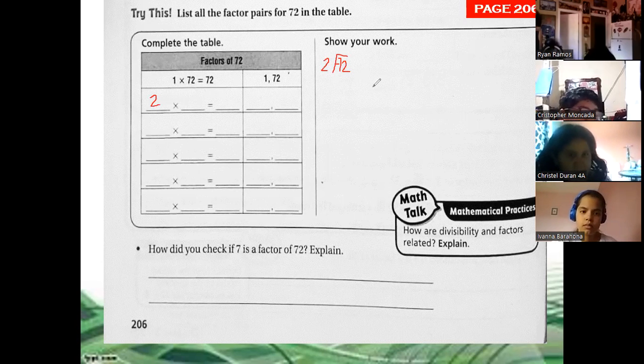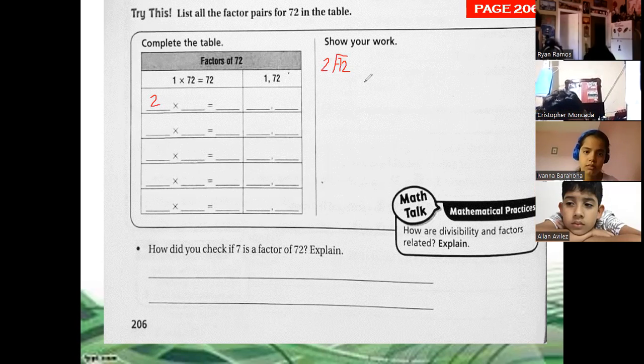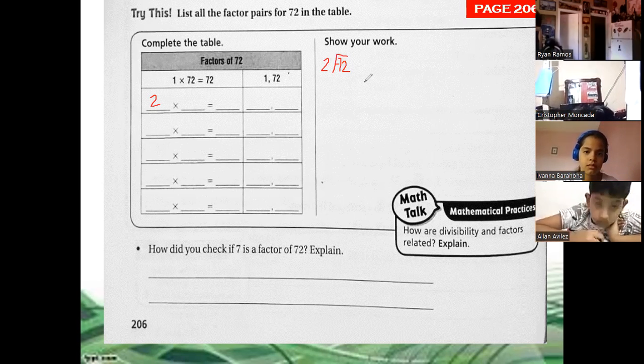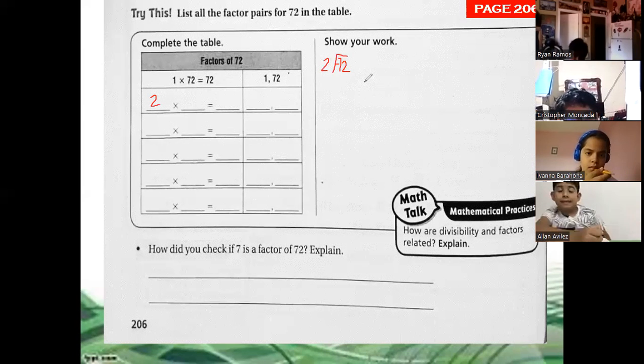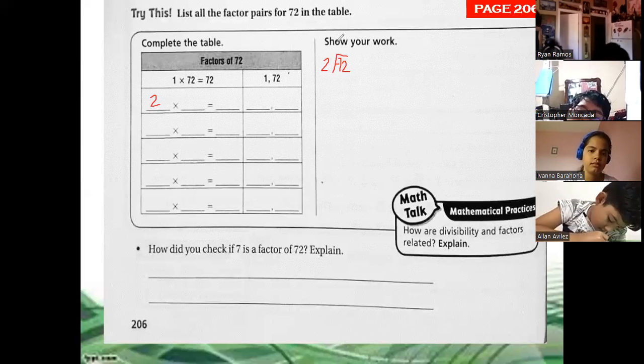We need to find the 7 in the table of 2. 2 times 2, 4. 2 times 4, 8. 2 times 6, 2 times 3.